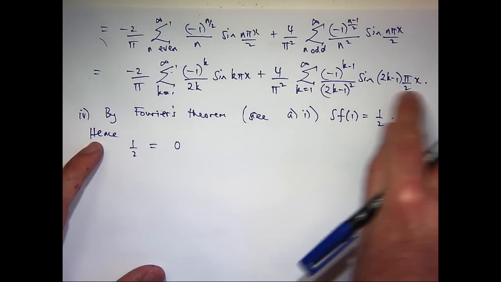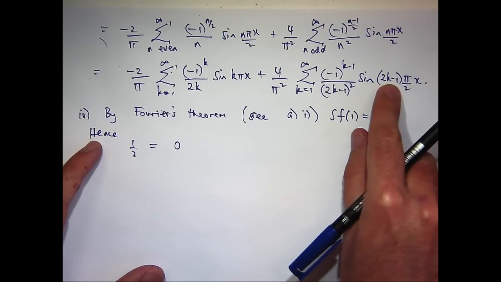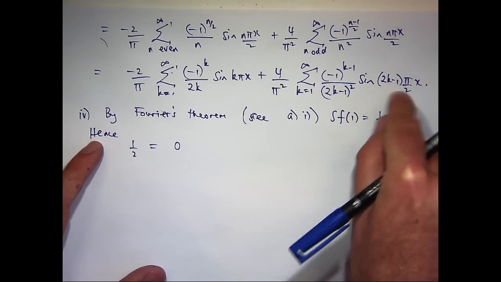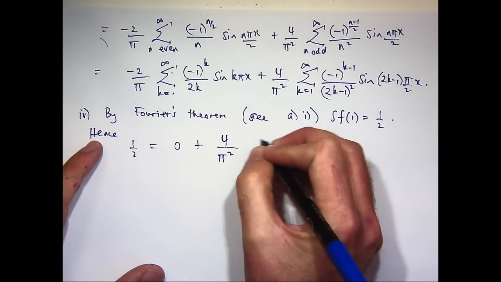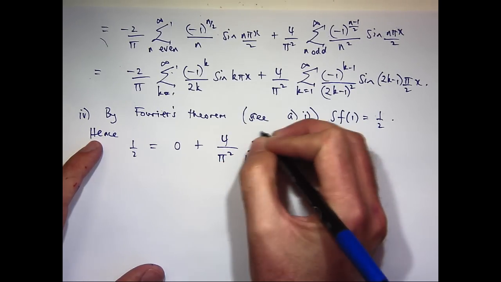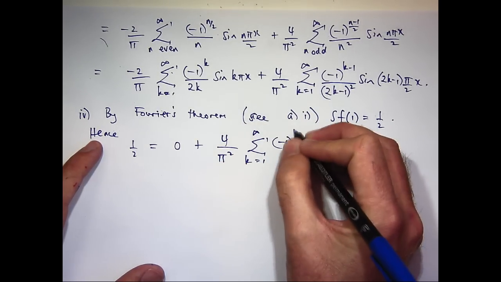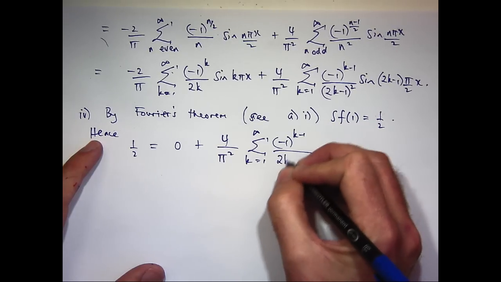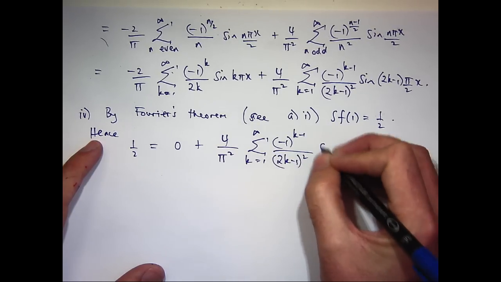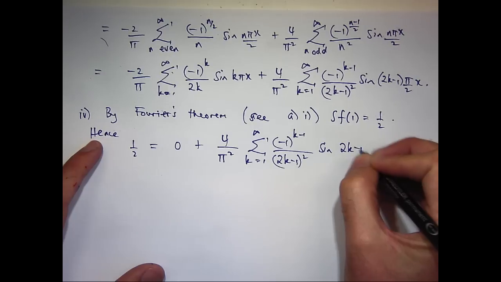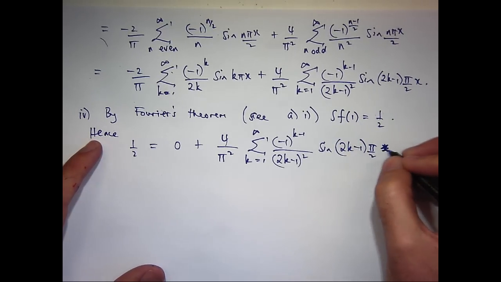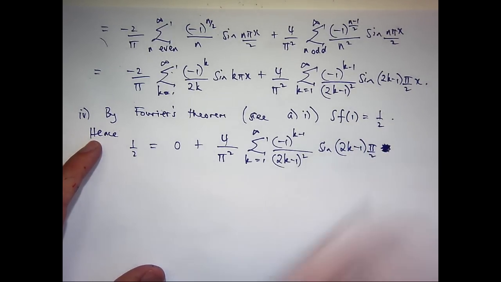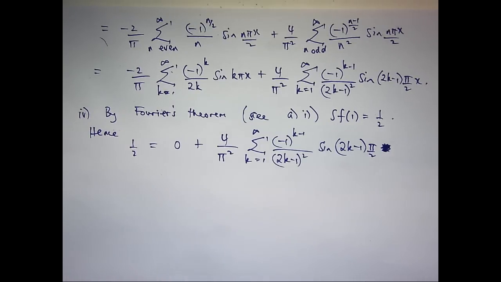If I plug that in, I'm going to get a sine of odd multiples of pi on 2. Oh, sorry, that's just 1 there. Okay.